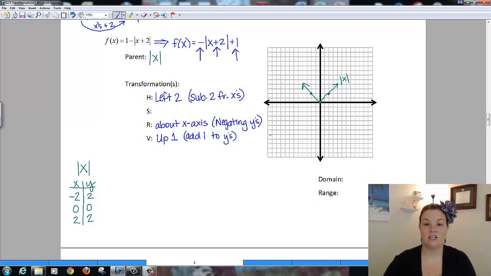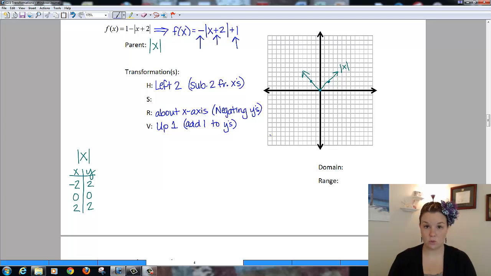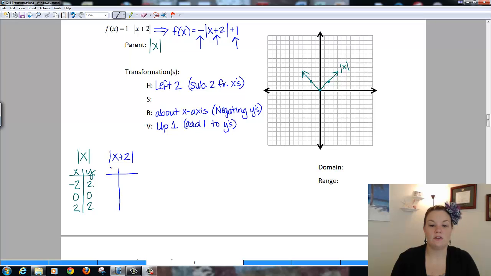So that means that I should have 3 xy tables to represent these. So my first one, remember, we do them in HSRV order. So the first thing I do is h, which is my horizontal shift of left 2. So now my function should look like x plus 2 inside my absolute value. Okay. To move it left 2, I look at my little cheater up here. I said I need to subtract 2 from my x's.